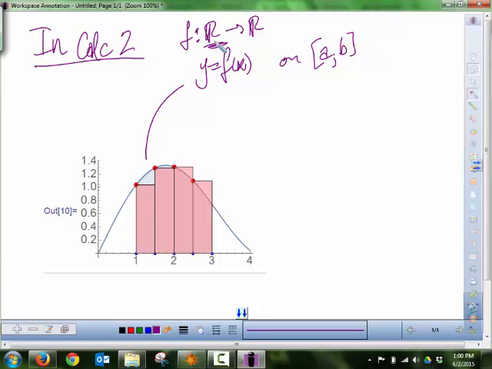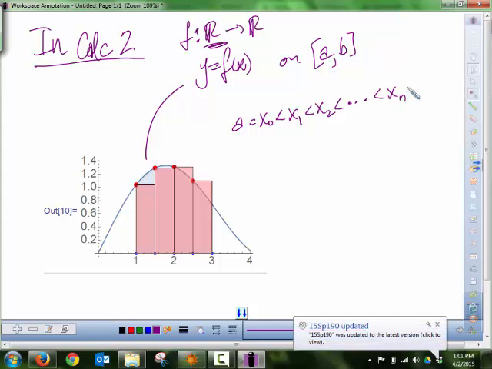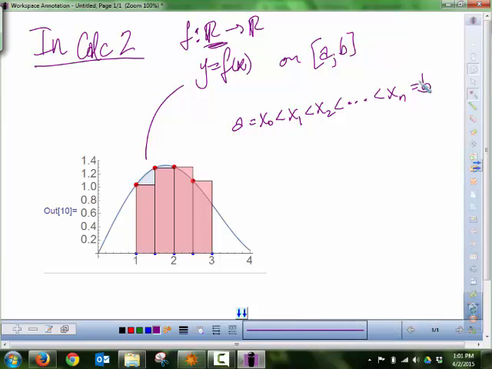So we take our input from our domain as a one-dimensional interval, and then we partition it with x sub i's. We let the first and last endpoints of our partition be the endpoints of our interval, a and b.